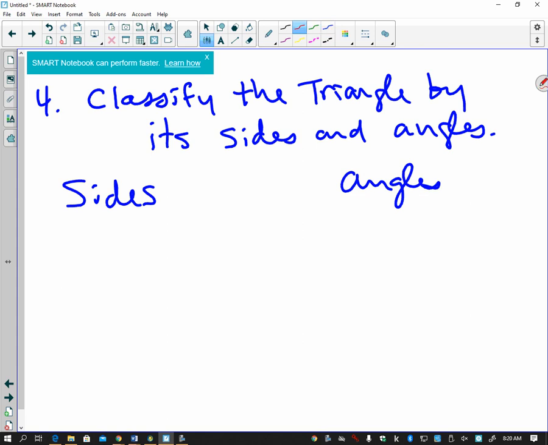All right, how can I classify a triangle by its sides? What are the terms for classifying a triangle by its sides? Okay, isosceles, scalene. Okay, right is not a definition for by its sides. Equilateral.